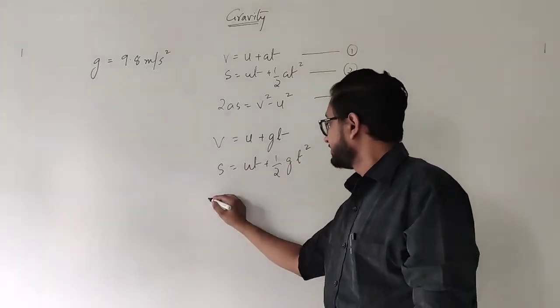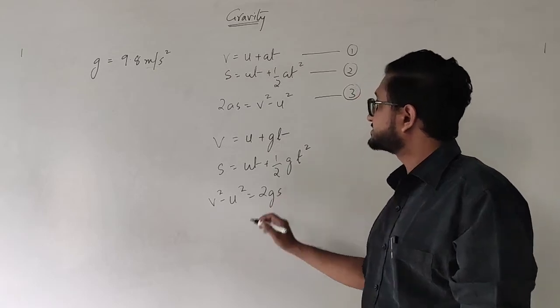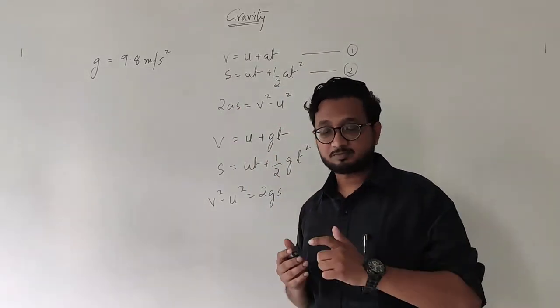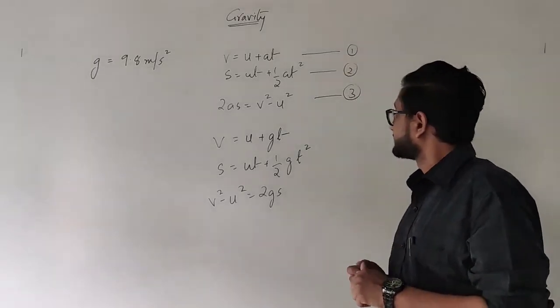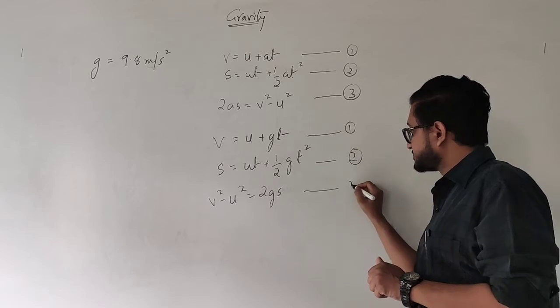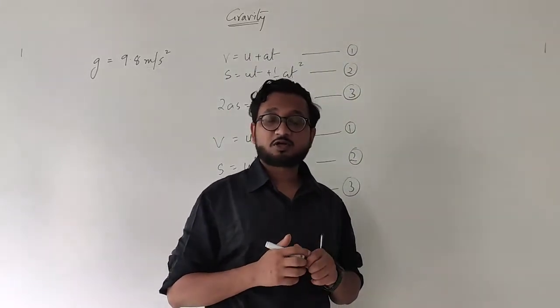And the third one, v square minus u square equals 2gs, or 2gs equals v square minus u square. These three equations you will take into consideration when the object is free falling while solving numericals for this chapter.